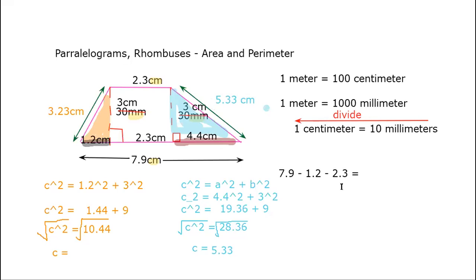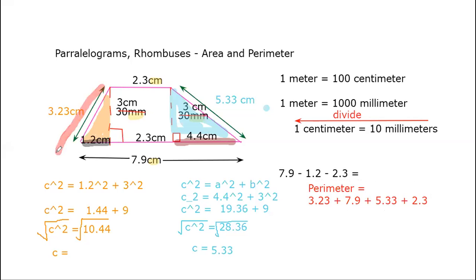So now if we're looking for perimeter, that's the whole reason we started this. The perimeter of this trapezoid is going to be 3.23 plus 7.9 plus 5.33 plus 2.3. So you're just going to add up the 4 measurements of the 4 sides. The problem is we had to use Pythagorean theorem.